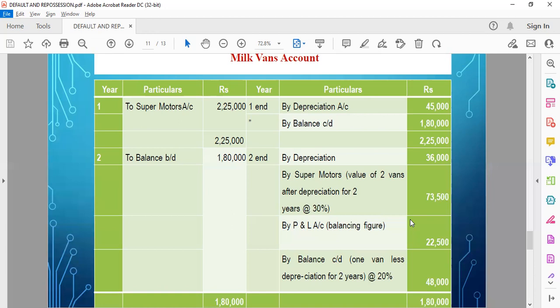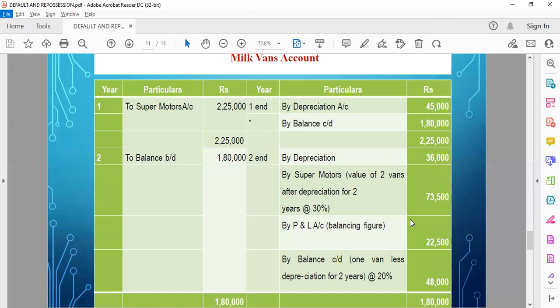How much is the amount? You will get 31,500. Already the depreciation value of 45,000 is there, right? So the total depreciation value is 76,500. Okay, 76,500.